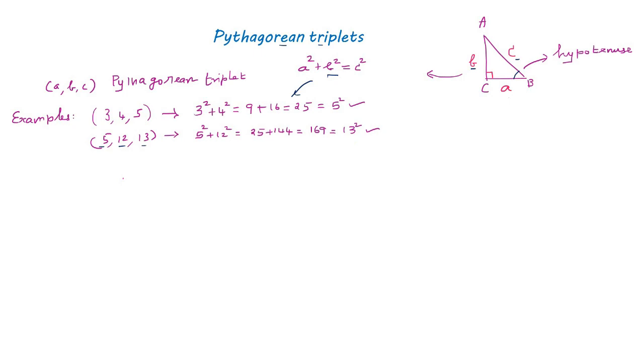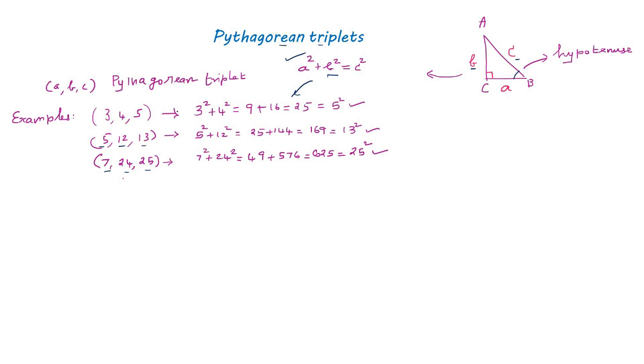Yet another example: 7 squared plus 24 squared is equal to 25 squared. So we call these things Pythagorean triplets.